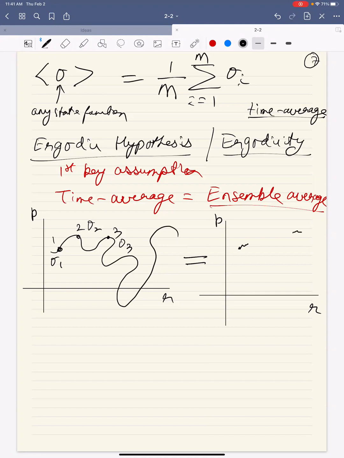So we create many, many different copies of the system, completely independent, okay? And they are not talking to each other. And we study them. And then we measure the value of O in copy number 1, in copy number 2, in copy number 3, so on and so forth, and average this out.